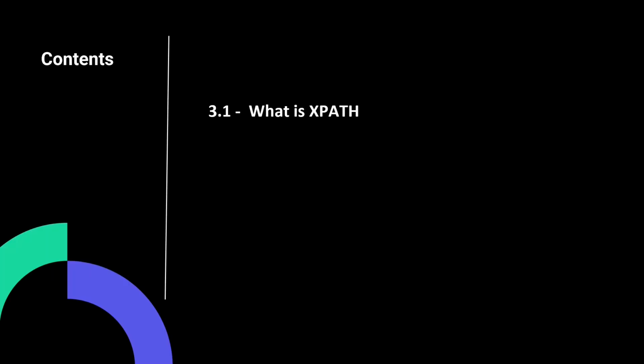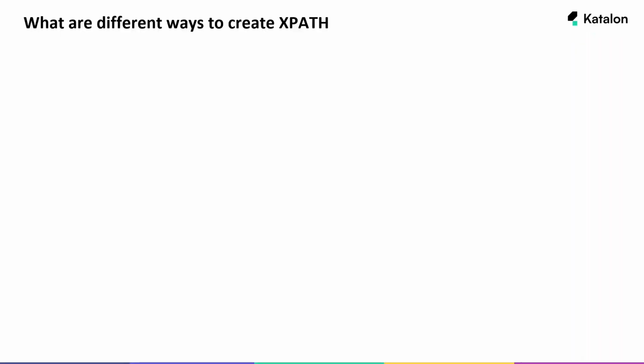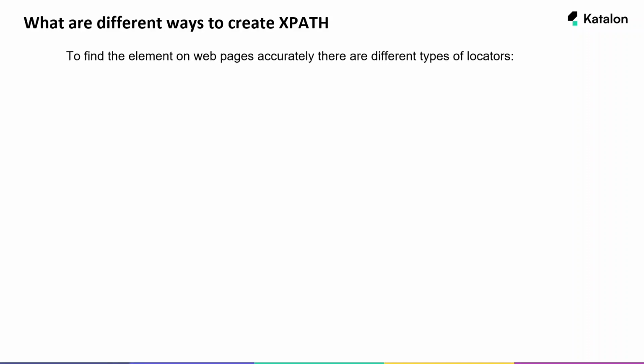So this brings us to the end of section 1 of chapter 3. This is section 2 of chapter 3. In this section, you learn the different ways to create XPath. So let us first understand what XPath is. As I discussed earlier, to find elements on web pages accurately, there are different types of locators that we already know.